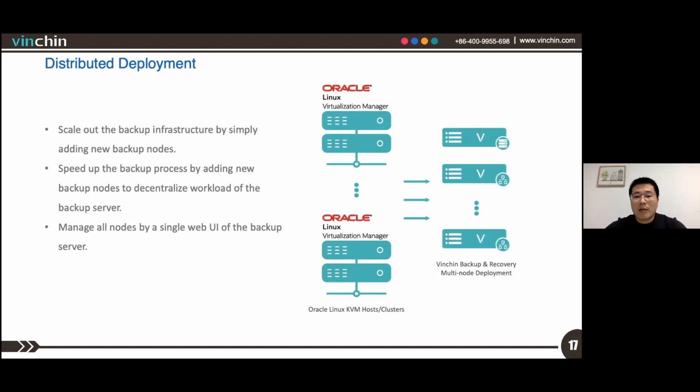All the backup nodes will be managed within the unified web interface of the Vinchin backup server. And adding a backup node will not require extra network space and also will not add complexity to the management and maintenance of your backup infrastructure.